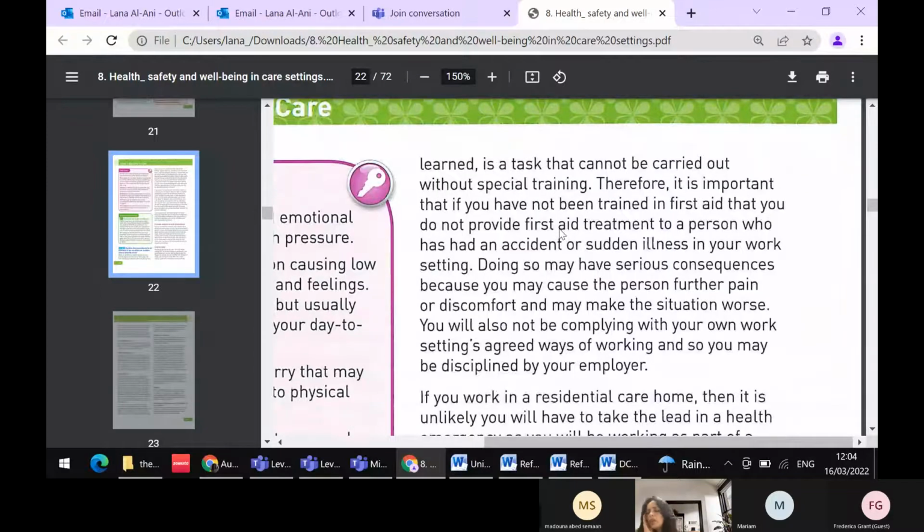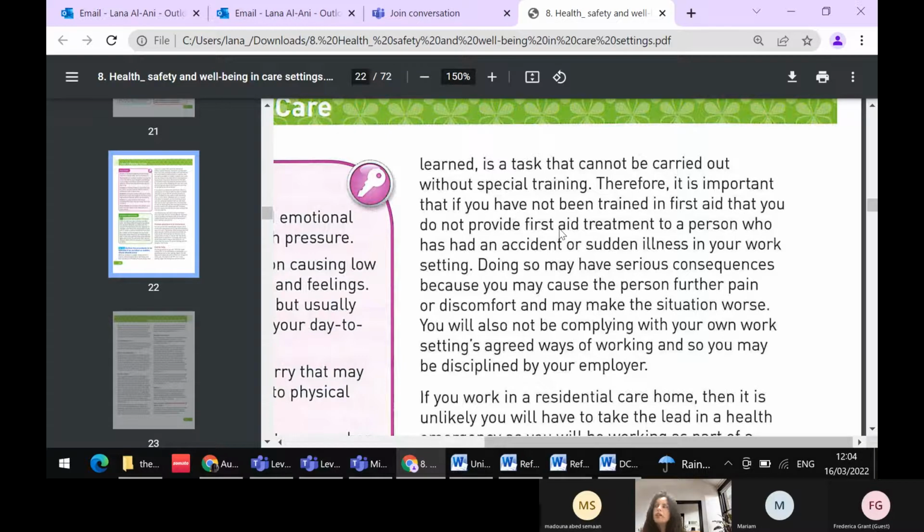Also, I need to inform my manager immediately if it is a really dangerous situation, and then the manager will be calling 999. However, if I was working from my client's house, then I need to contact 999 immediately, because there is no one I can report to.